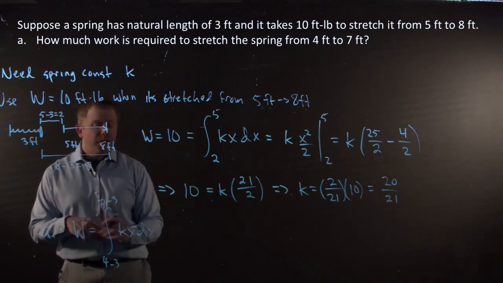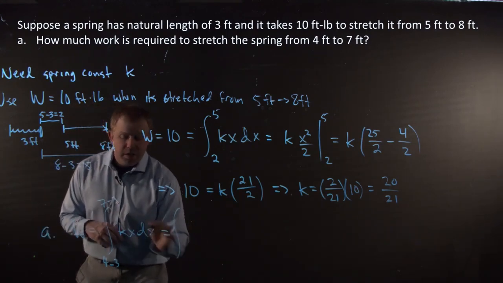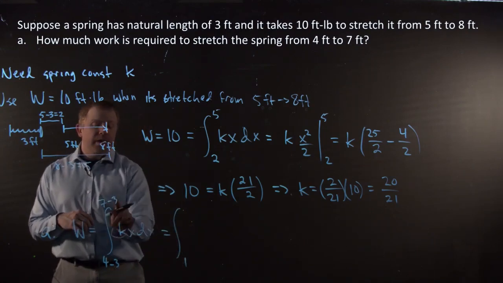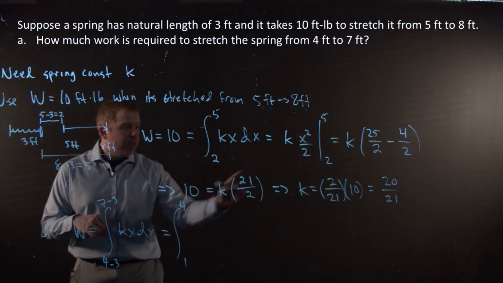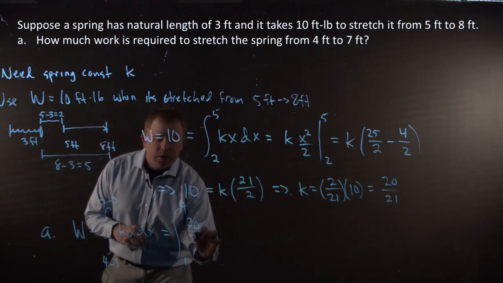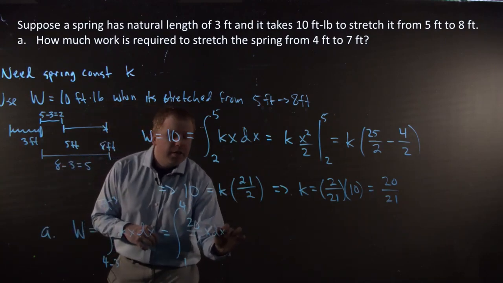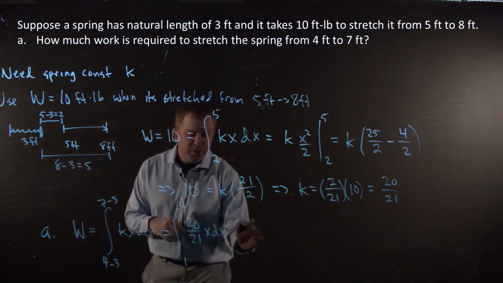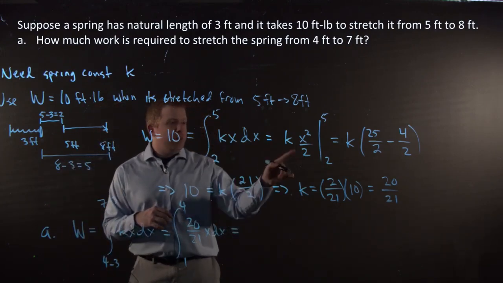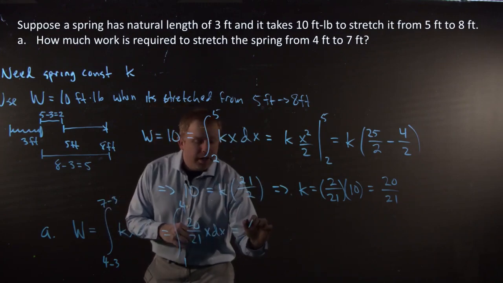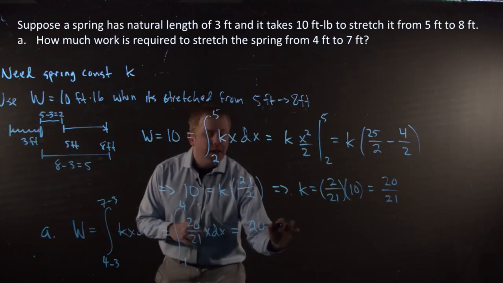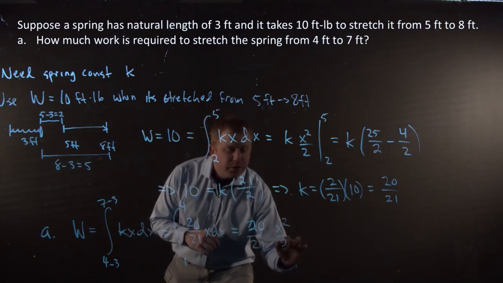Now let's plug everything in and compute. This is going to be from 4 minus 3, which is 1, to 7 minus 3, which is 4, of 20 over 21 x dx. And all we have to do is compute this in the exact same way. So I'm going to do 20 over 21, and then x squared over 2.